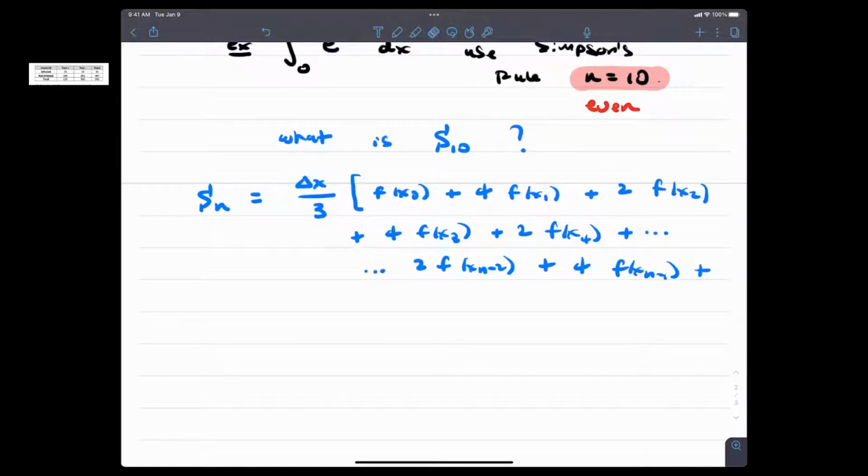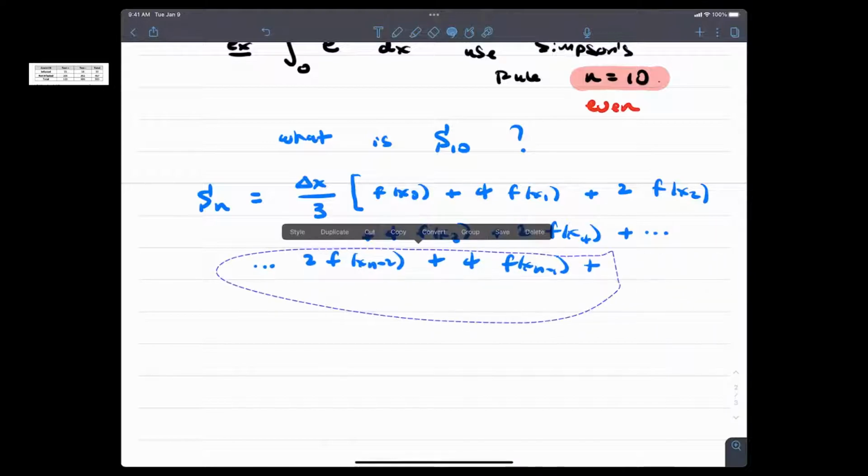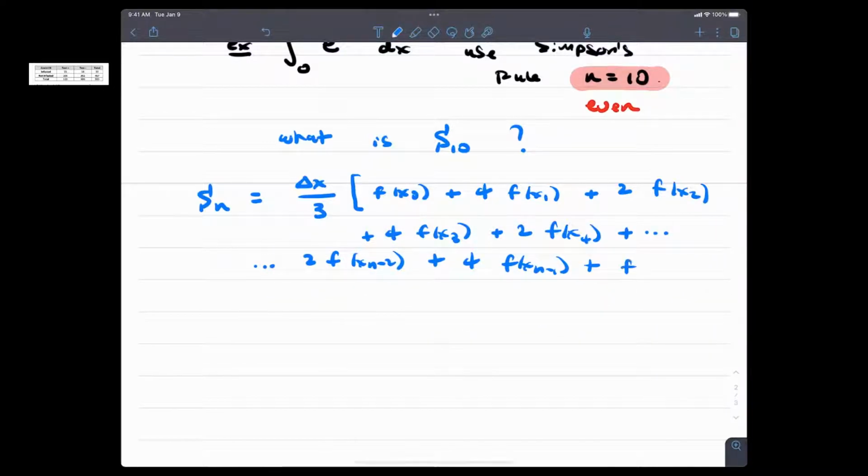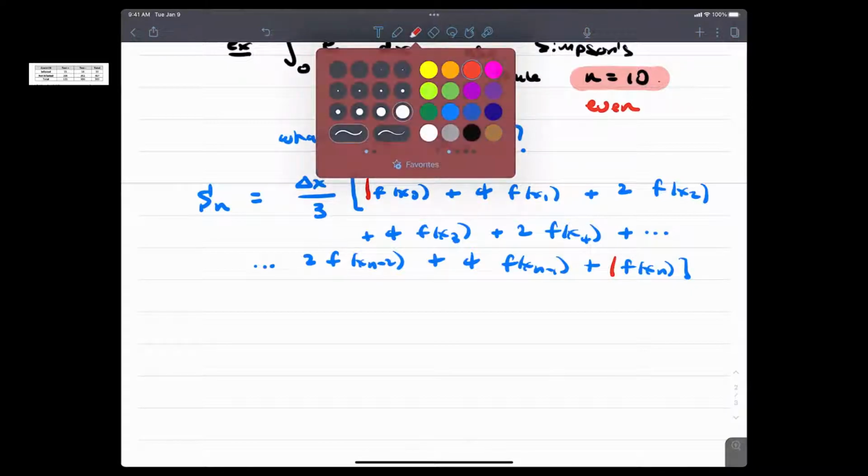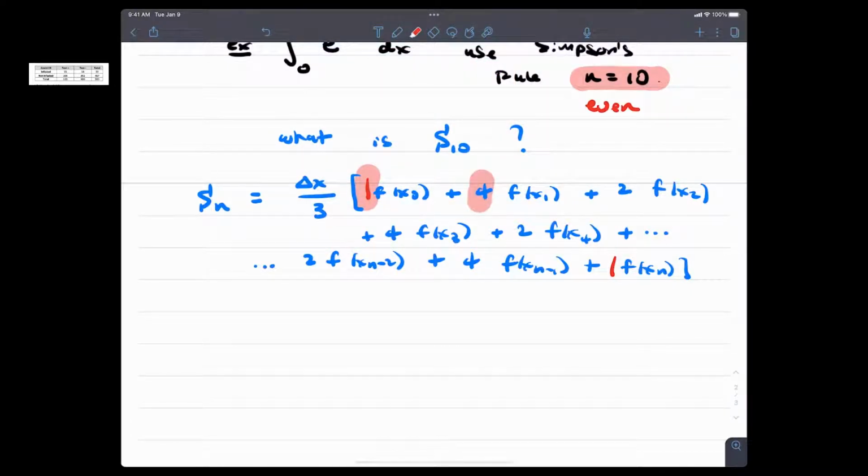Okay, so let me clean this up. I hate that this doesn't have enough space. Now, I want you guys to pay attention to this important detail. I'm going to put a 1 here, and I'm going to put a 1 here. You can always remember this formula by remembering the sequence of numbers here. Those are called weights, by the way.